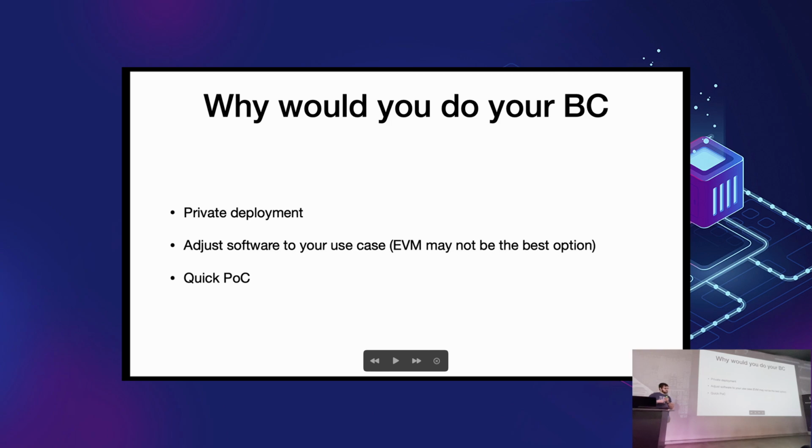If that stack is required, why would you bother to implement it? So the first thing may be that you need a private deployment. Actually, in Poland, there are a few companies that are running private blockchains based on Hyperledger Fabric and other solutions. And sometimes the existing software like Ethereum nodes and EVM will not fit your case. For example, there is overhead in running on EVM, which is not efficient at all.